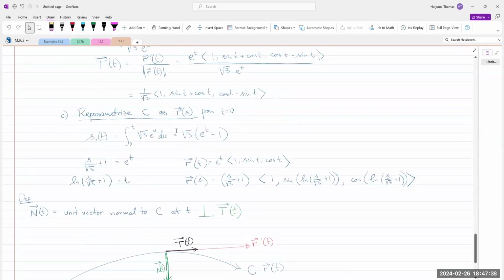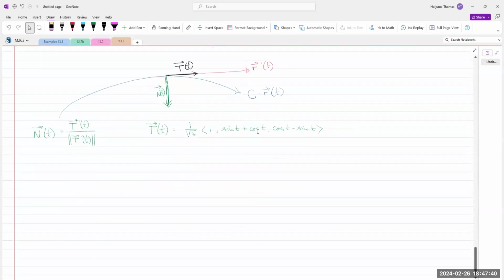That's what we have up there, right? Now then, if I do the derivative, the good thing is the coefficient is constant, so I will just leave it like that. 0, cosine t minus sine t, and then negative sine t minus cosine t.